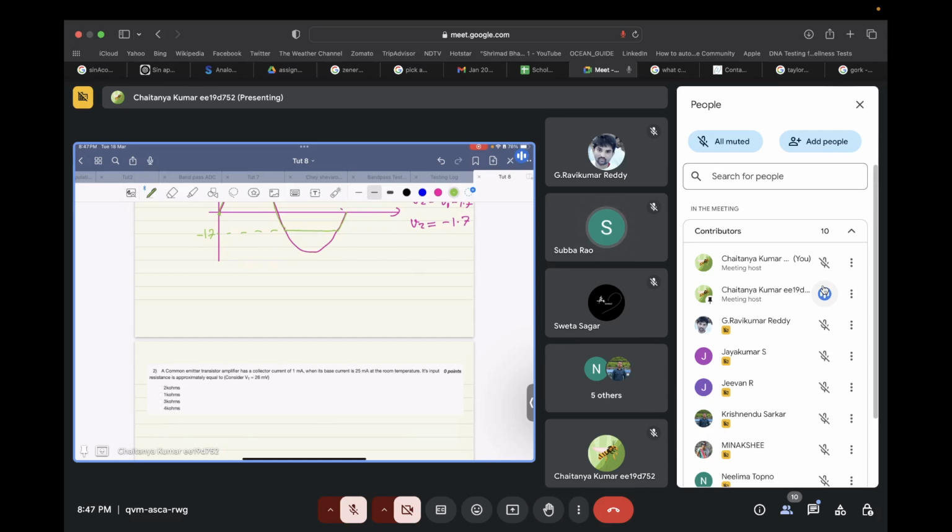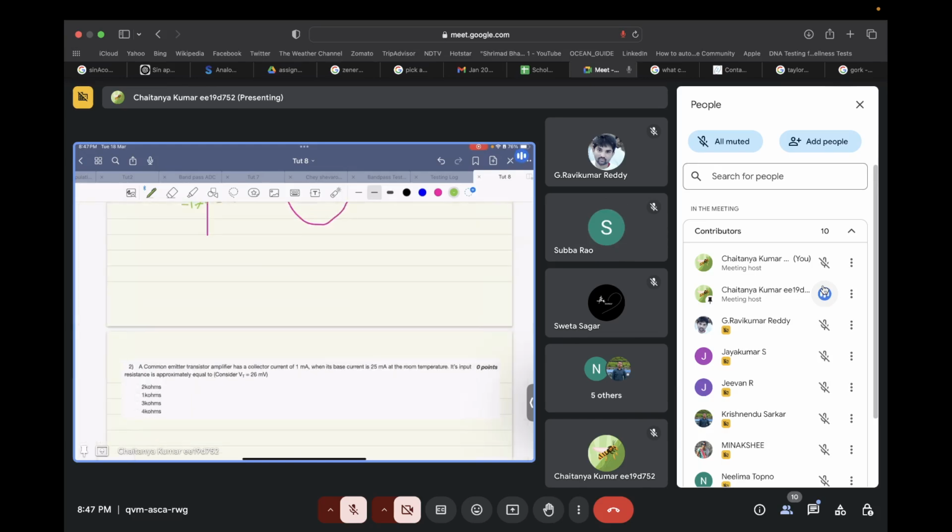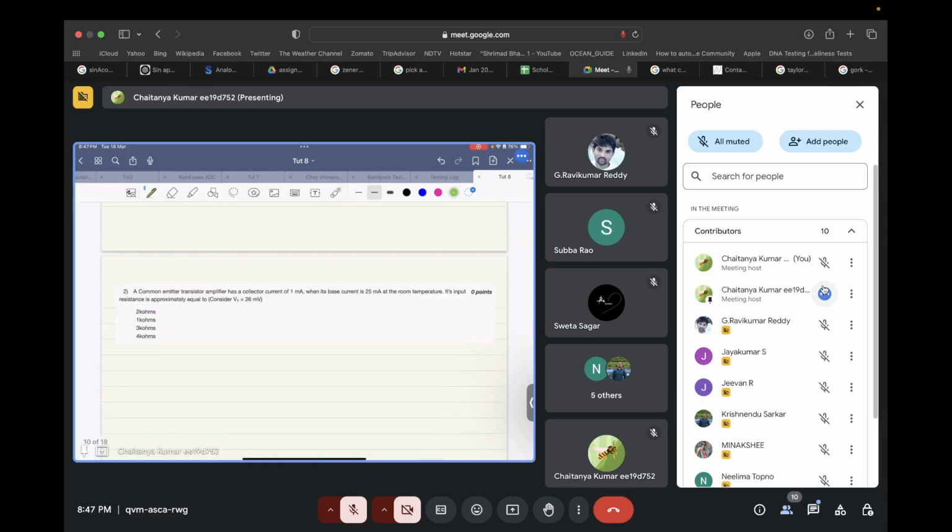So this is a straightforward question where we are asked about a common emitter transistor amplifier. Let's say we have this.